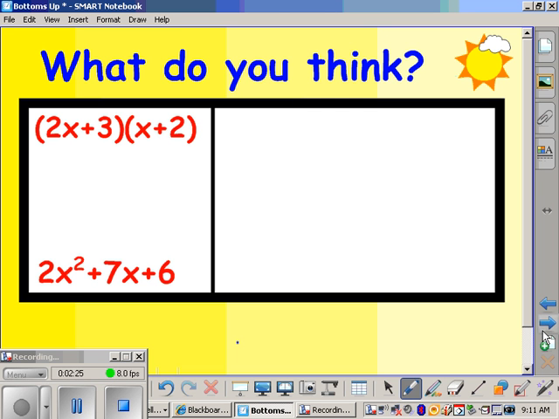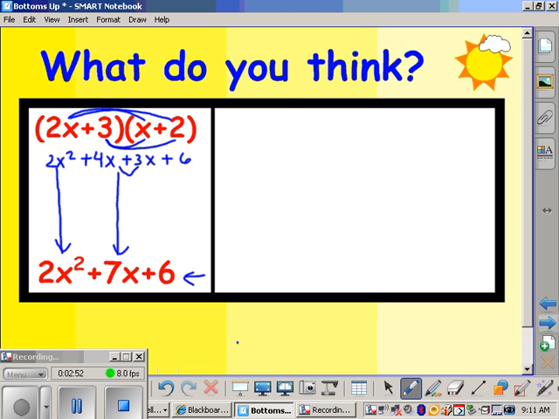Now notice if we FOILed these two binomials, because these would be the factors of the trinomial at the bottom, we have 2x times x, which is 2x squared, 2x times 2, which is 4x, 3 times x, which is 3x, and 3 times 2, which is 6. If we then combine the like terms in the middle, we would get 2x squared plus 7x, and then our constant would remain 6. Now the question is again, how do we go backwards from here?